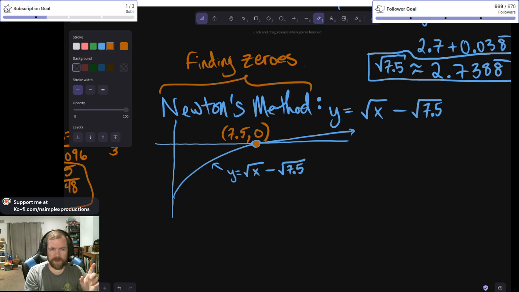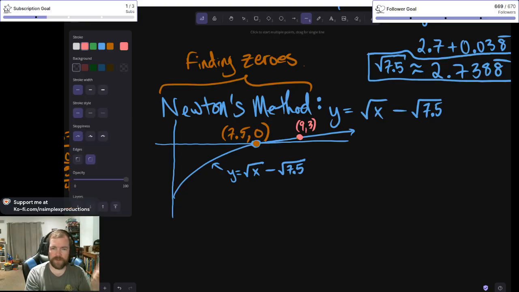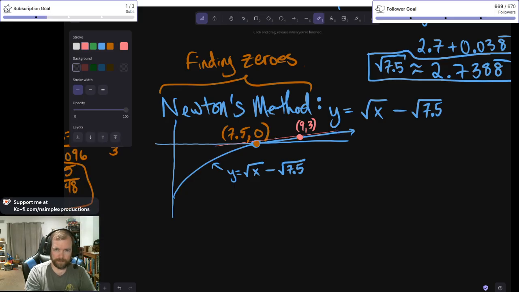Okay, what we're going to do is pick a known value, which is going to be, this is the nice value, 9, comma 3. We know for a fact that this is not going to have the 0 at 7.5, right? It will have a 0 somewhere further over here. It has a 0 here at this point.